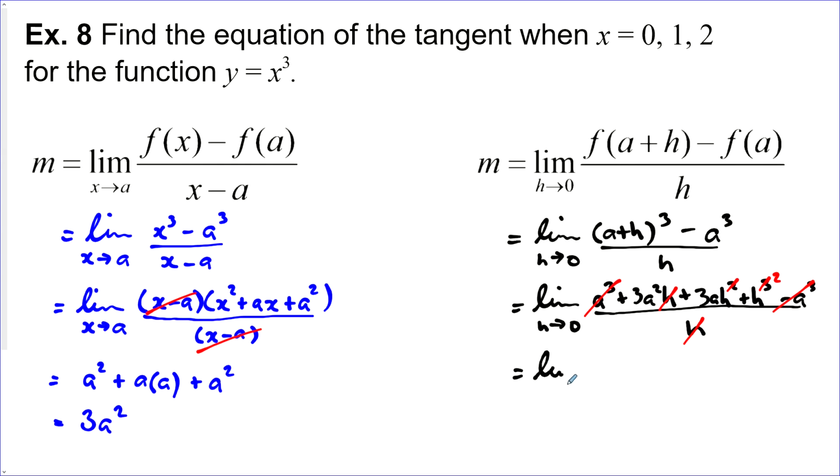Then we have the limit as h approaches 0 of 3a squared plus 3ah plus h squared. And when we let h approach 0, this term and this term disappear, and all we're left with is 3a squared. Now let's actually find the equation of the tangents at 0, 1, and 2.